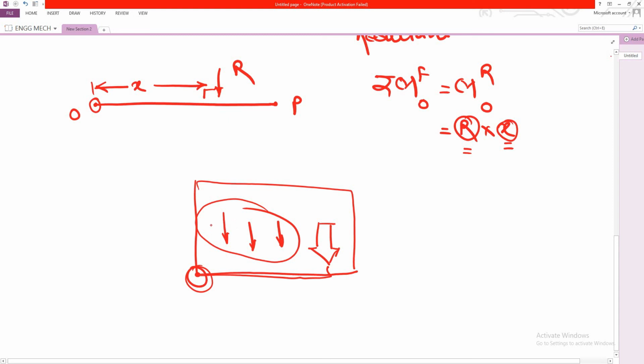We will first determine the resultant of this force system, then the moment generated by each force, then the sum total of the moment. Then we use the statement of Varignon theorem where R will be known, the sum total of moment will be known, and x will be unknown. Then we determine the exact location, that is the distance of the resultant force with respect to the reference point. Thereby we can determine the resultant with respect to a specific point in the plane. Okay, this is the explanation for Varignon's theorem.